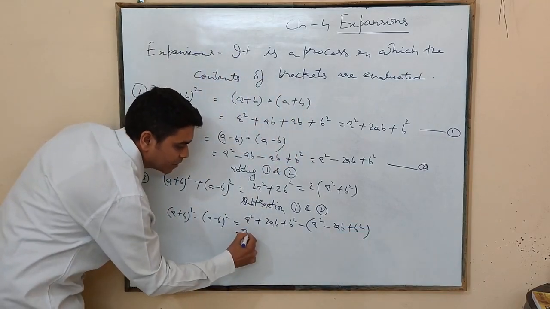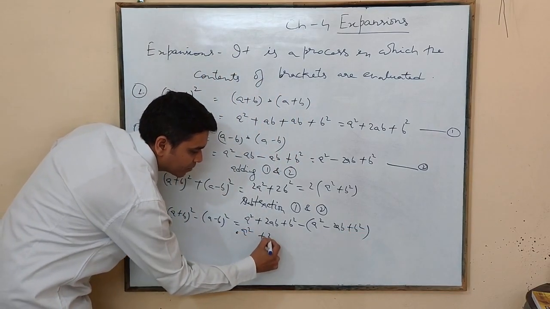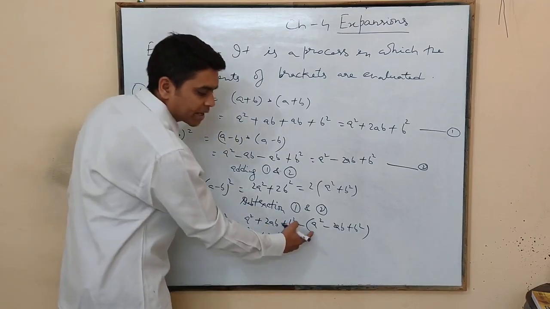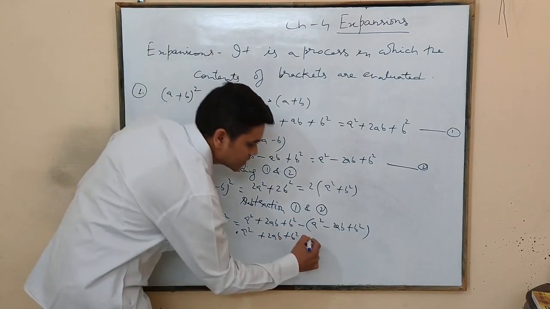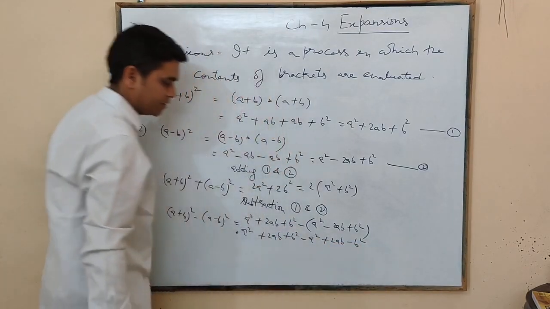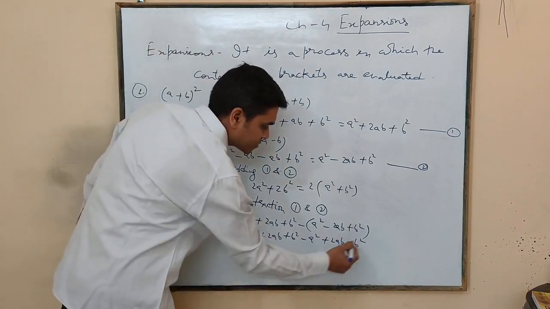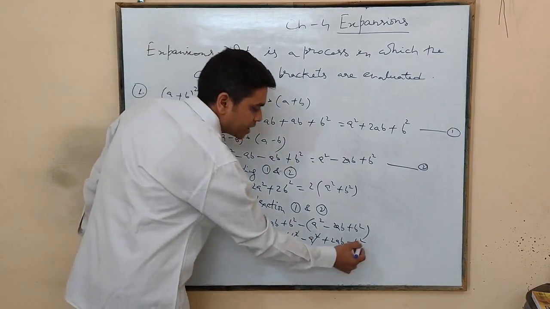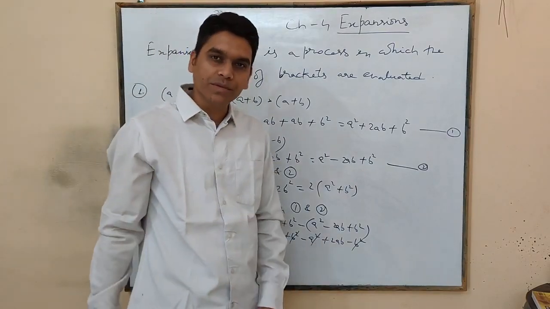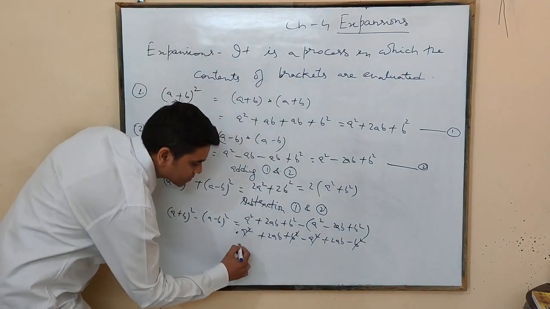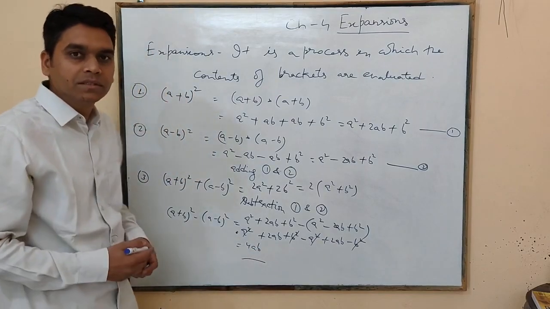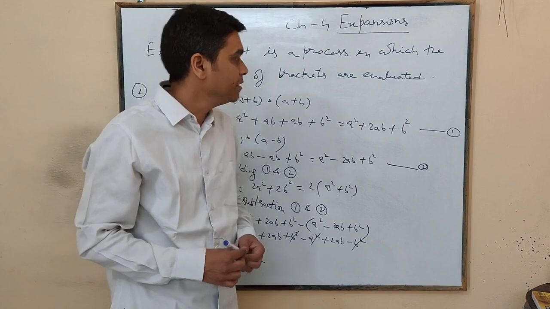Now open the bracket, so the signs will change. So this is minus a square plus 2ab minus b square. So a square cancels. b square cancels. So what is left here? Plus 2ab plus 2ab equals 4ab. Understand?